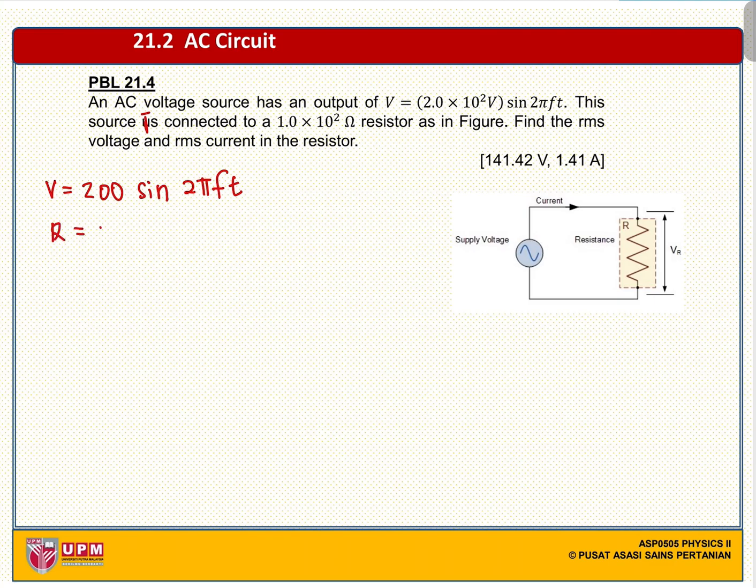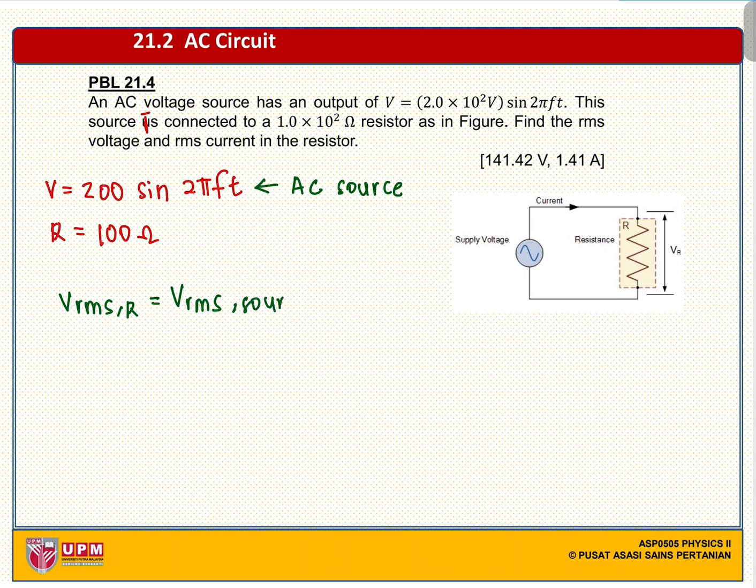So your R is 100 ohm. Find the RMS voltage and RMS current in the resistor. So this part is from the AC source. As I said before, the VRMS across the resistor is equal to the VRMS of the source.